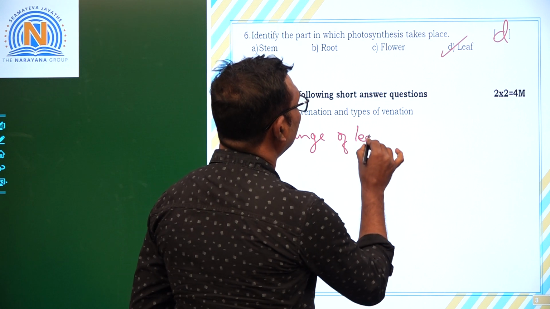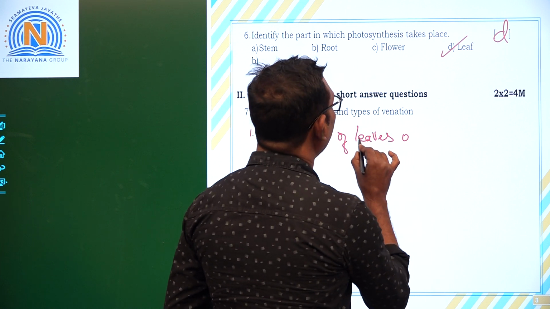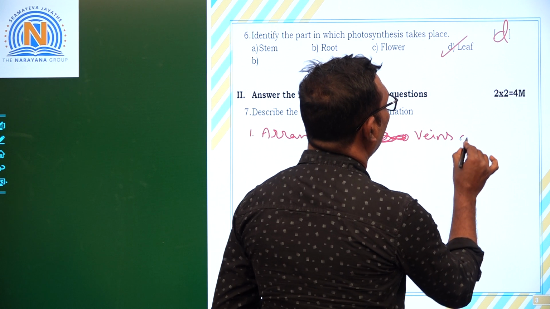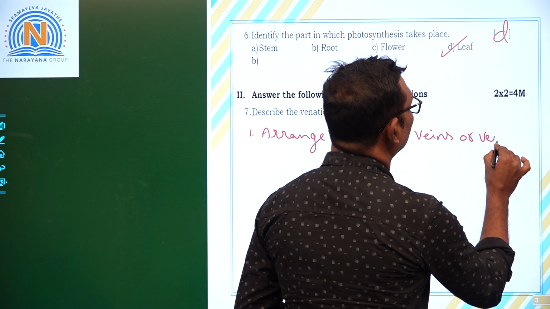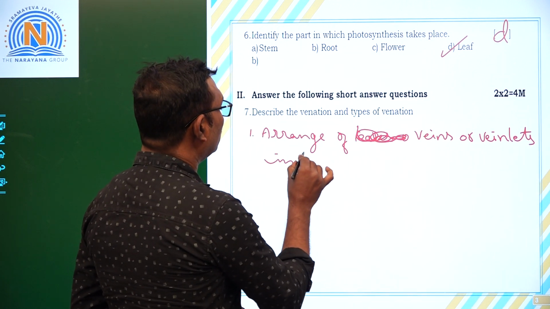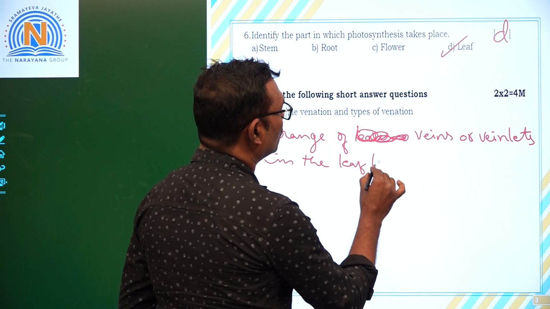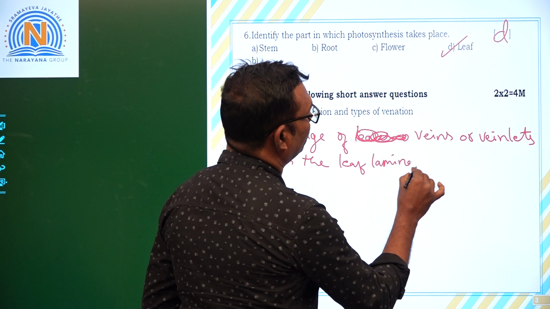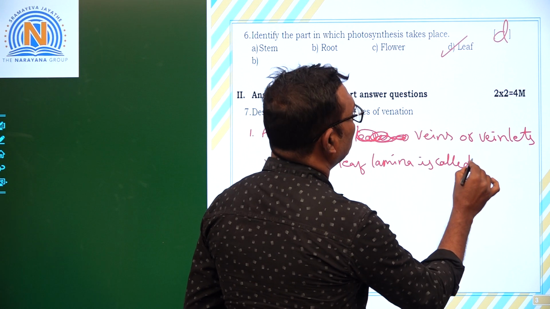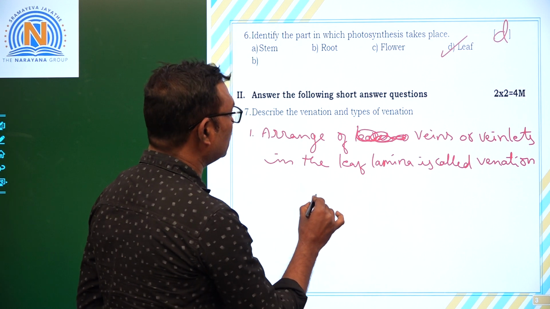Arrangement of veins or veinlets, that means small veins in the leaf lamina, is known as venation.